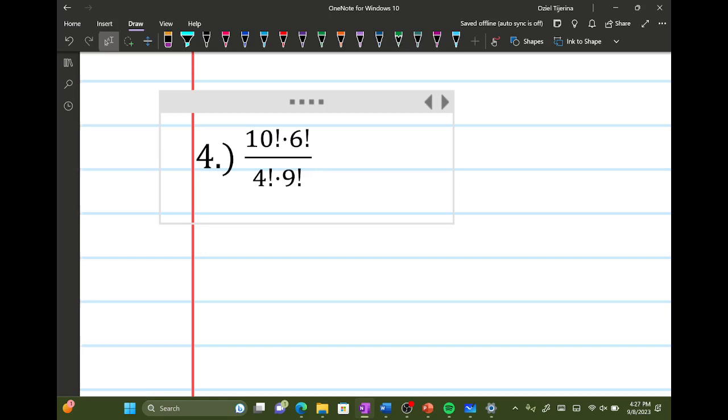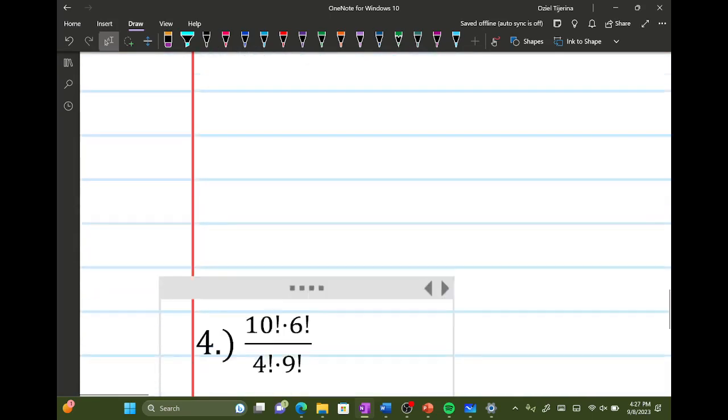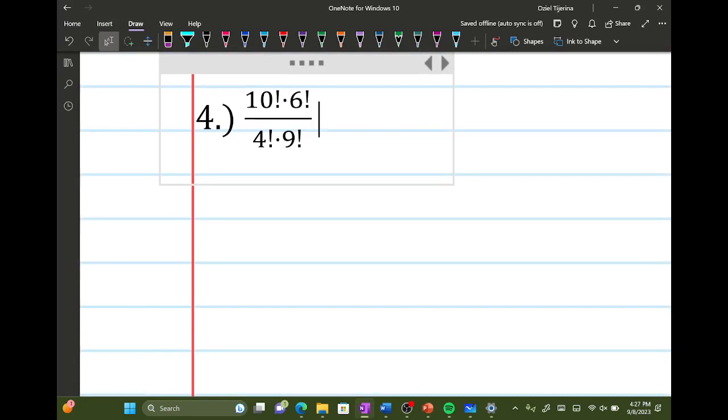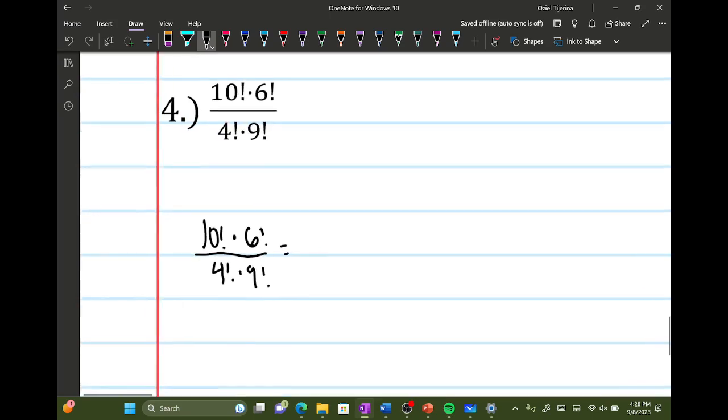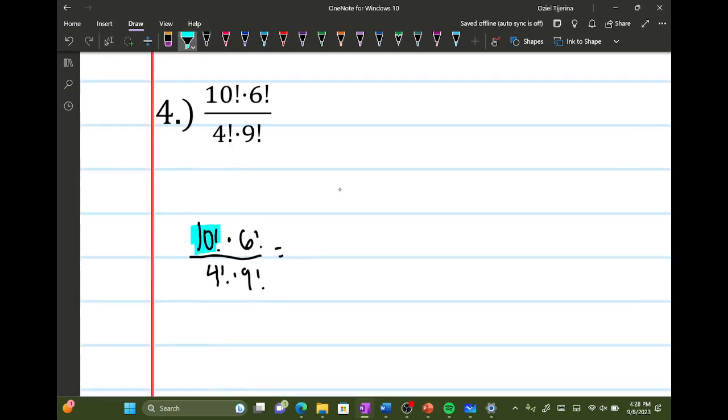So let's go ahead and look at this more thoroughly. 10 factorial, we know that 10 factorial is 10 times 9 factorial.